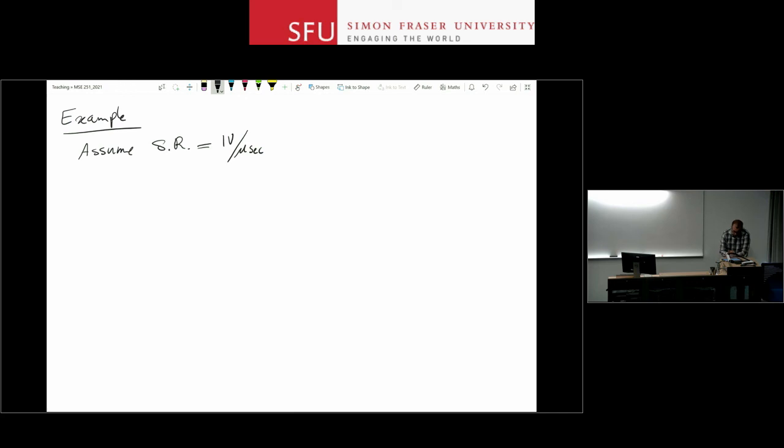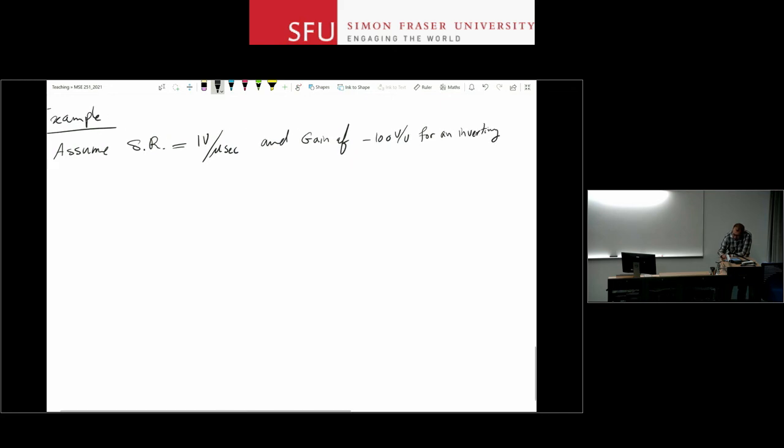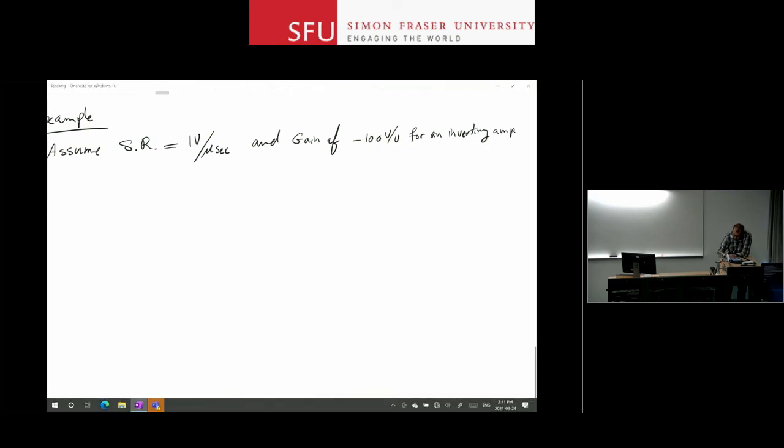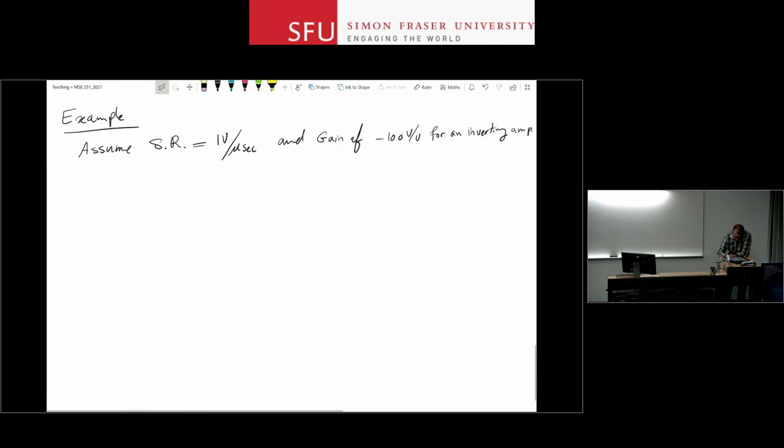So the question here is, let's say a gain of 100 as we had before, for an inverting op-amp. All right, so this is the same example. I just divided it into two sections for bandwidth and slew rate limitations.